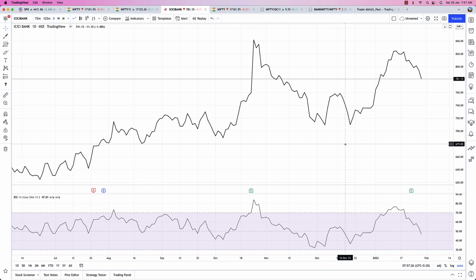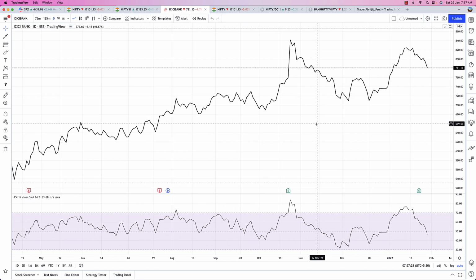This is the particular reason why we notice divergences. Prices are falling, but RSI is not falling because the formula is such that it will not fall, right? And so RSI tends to give you a mild leading indication of the price.